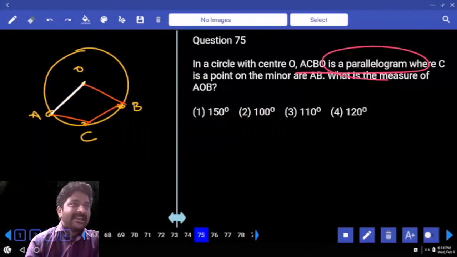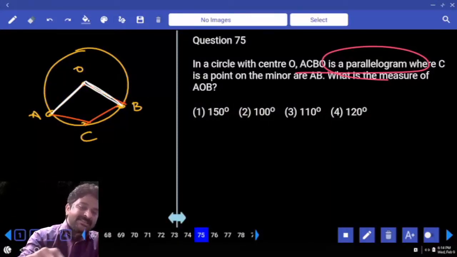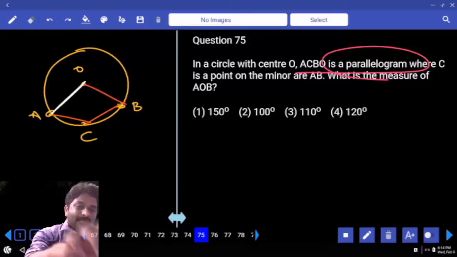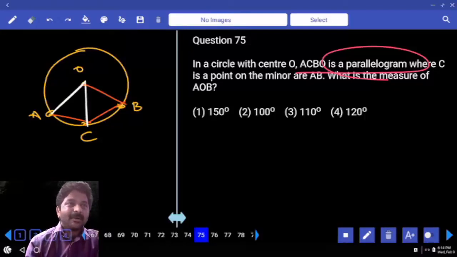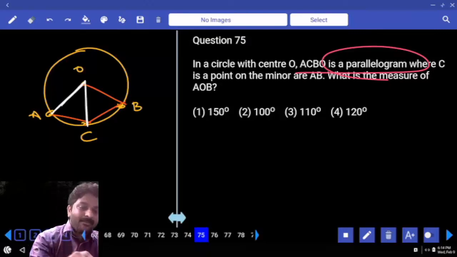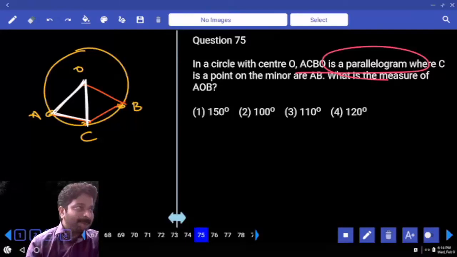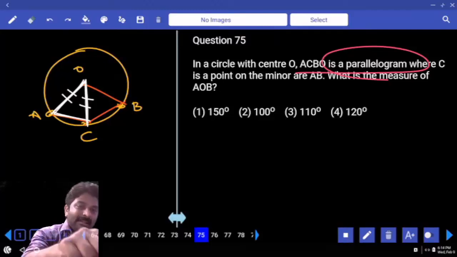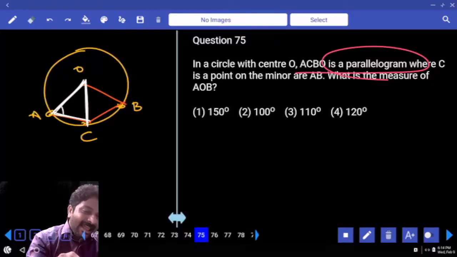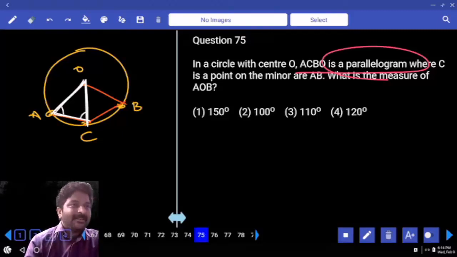AO is a radius. OB is also a radius. OC is also a radius. Now, if you take this particular triangle, these 2 sides are equal. Then angle at A and angle at C both must be equal.